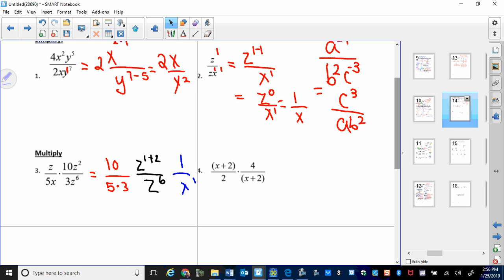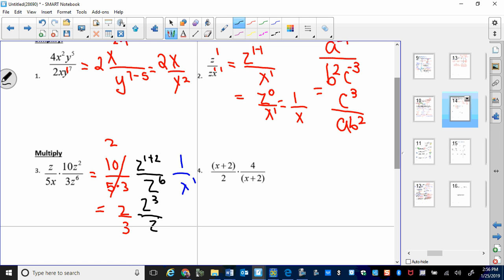So I took care of each individual type of term. So let's go through. 10 divided by 5 is 2. So I get 2 over 3 here. I have z to the cube on top, z to the 6 on the bottom. I'm going to take 3 away from here at the bottom.